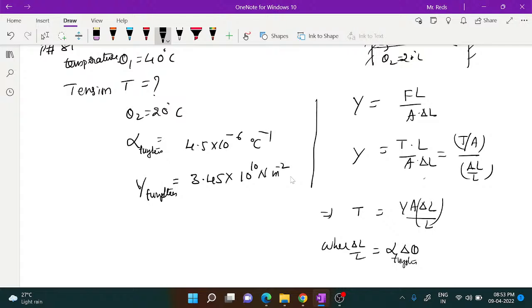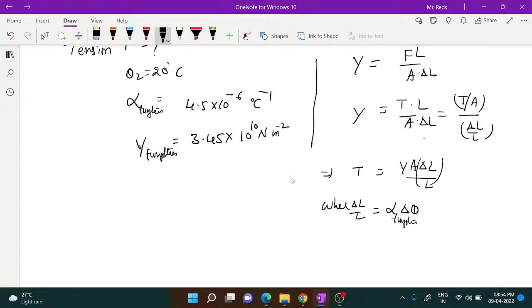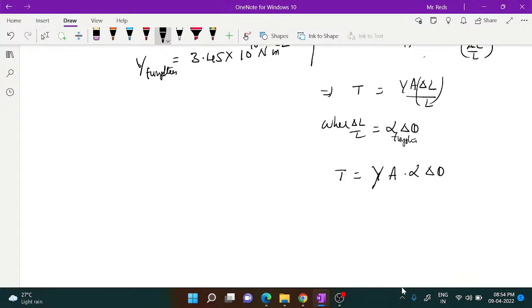So substituting, tension T is equal to Y of tungsten into area of tungsten into alpha into delta theta. Here Y, alpha, theta 1 and theta 2 are given, so we can find delta theta. For the area, the diameter is given, so the area of cross section of the wire is pi r square.